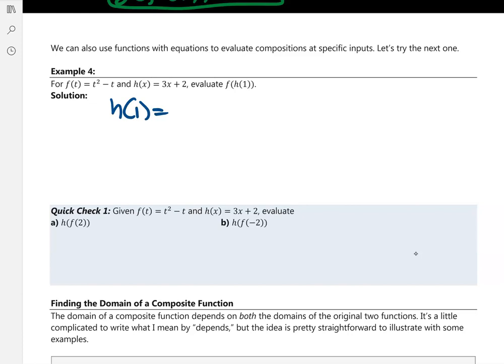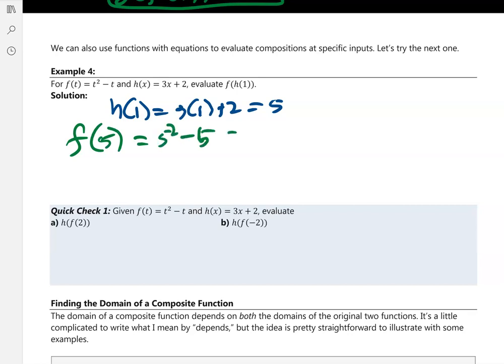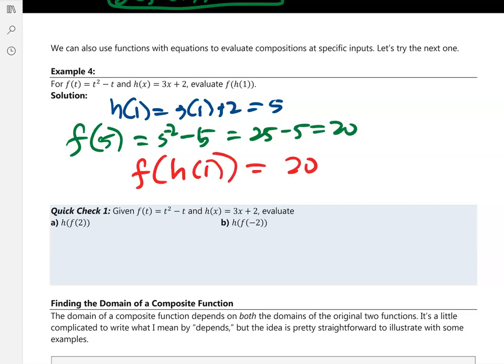Plug in 1 to the x of h of x, so 3 times 1 plus 2 is equal to 5. And then you use that, f of h of 1 is f of 5. So 5 squared minus 5 is equal to 25 minus 5 is equal to 20. So we can say that f of h of 1 is equal to 20.